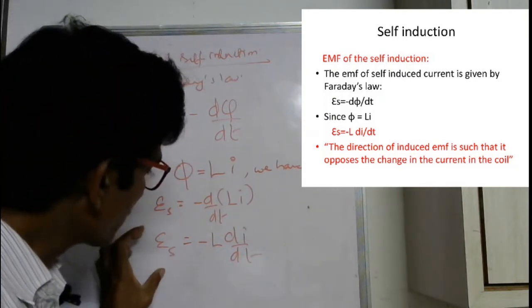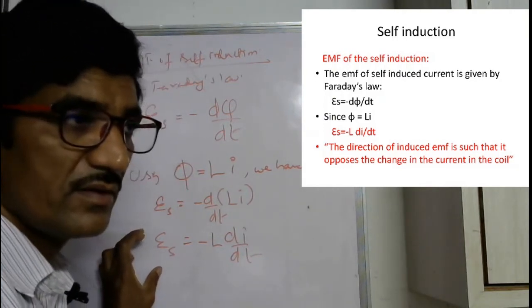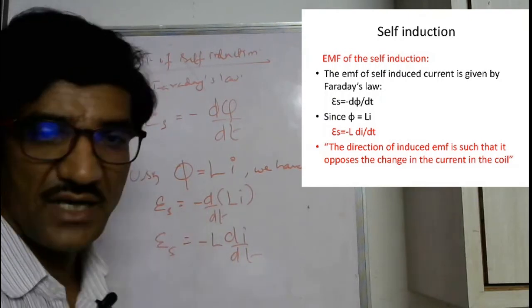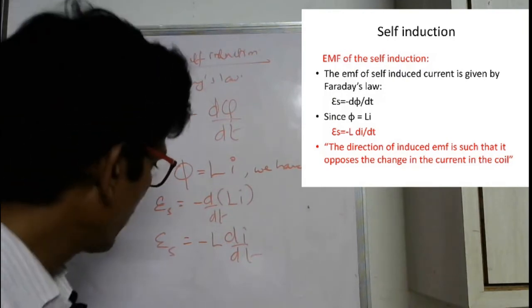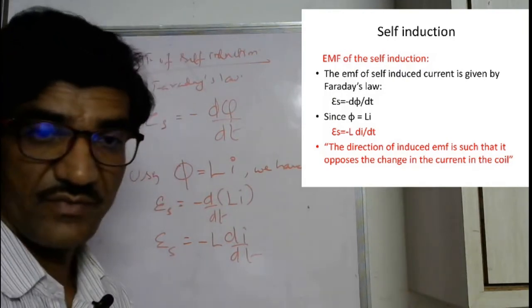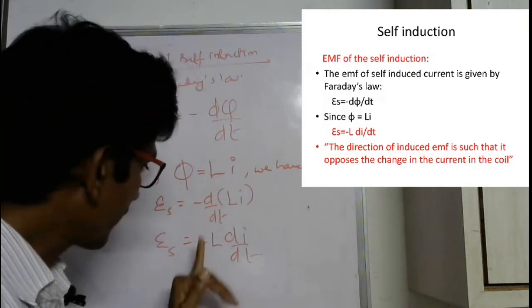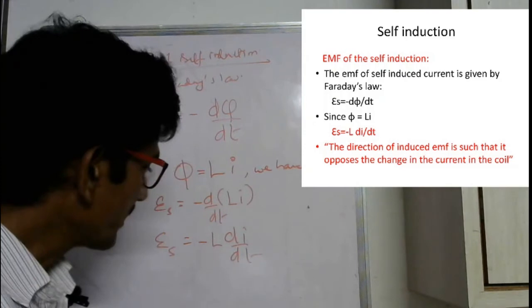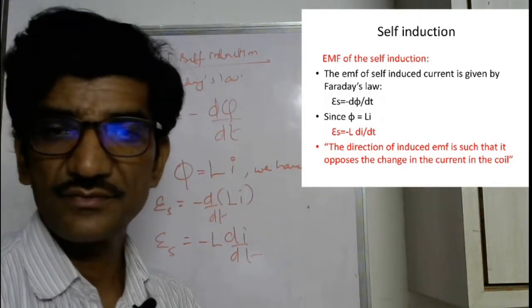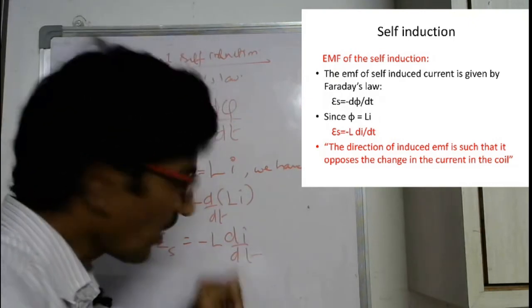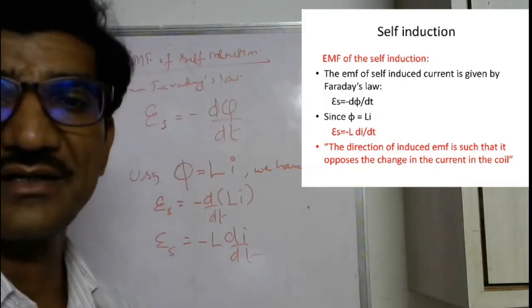So this is equivalent to the change in the current flowing through that wire. This EMF is proportional to di by dt. Here the proportionality constant is again L. What is the direction of this induced EMF? It is opposite to the rate of change of current.